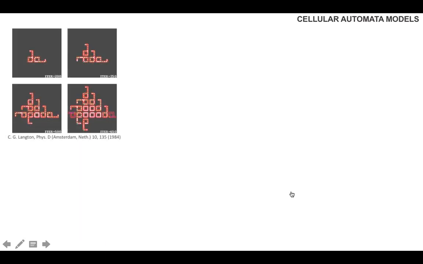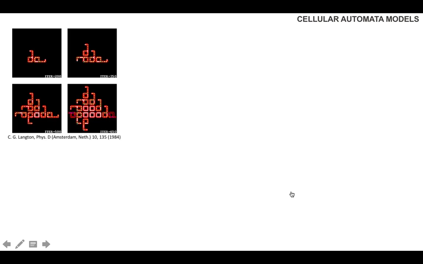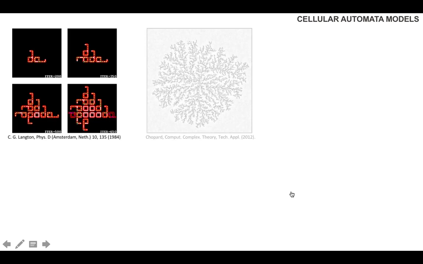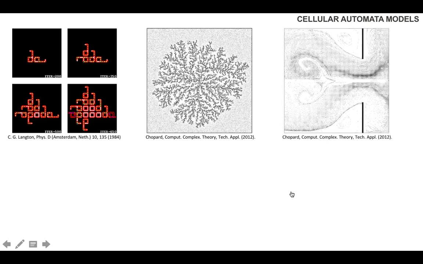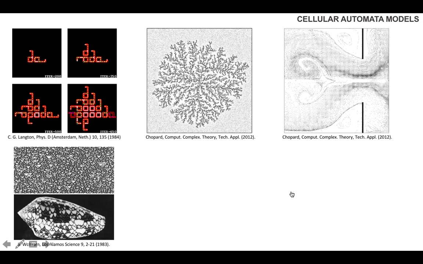So cellular automata models were used to investigate self-replication. Some physical models like diffusion limited aggregation can be considered as cellular automata. It's used to understand fluid dynamics, like in the lattice gas automata or lattice Boltzmann method.